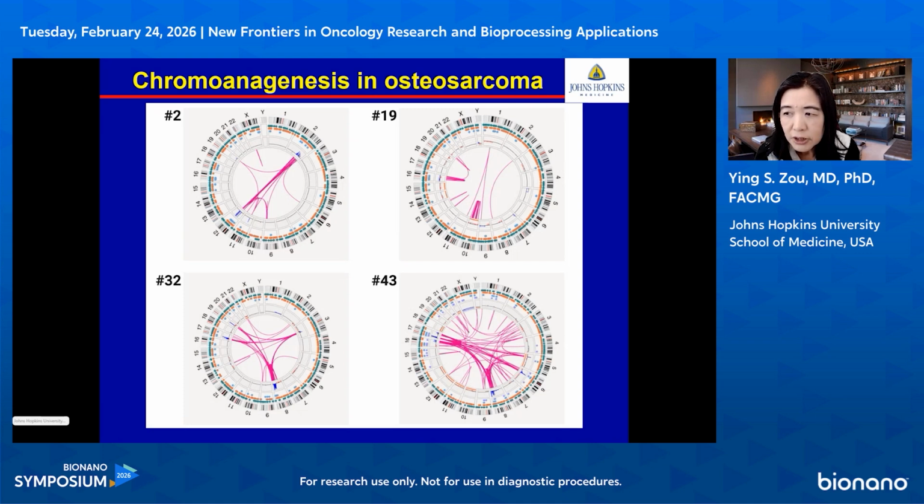Some bone and soft tissue tumors do not respond well to standard treatments, highlighting the need for alternative therapeutic approaches. Understanding the role of chromoanagenesis may provide insights into tumor development and help identify new potential therapeutic targets.